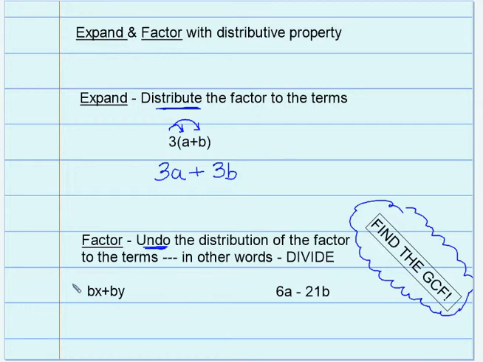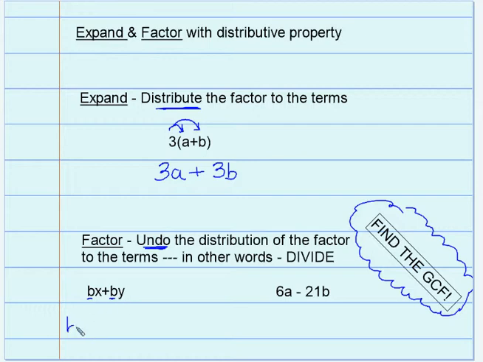So let's look at this first example. We have bx plus by. So what could we divide both terms by? What is the greatest common factor? Well, it's b, right? There's a b here and a b there. We don't know what it is, but whatever it is multiplied in both of those terms.